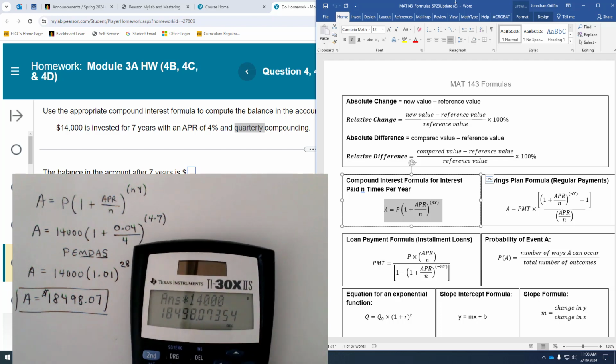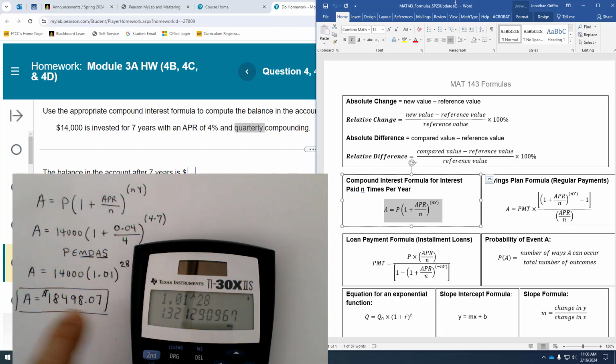But just to show you how rounding would affect your answer, if I take 1.01 and I raise that to the 28th power and I rounded that, let's just say, here's a mistake that I've seen. You know, you'll see that it says round to the nearest cent. That's not a cent right there, but I've noticed that some students do round that to 2 decimal places.